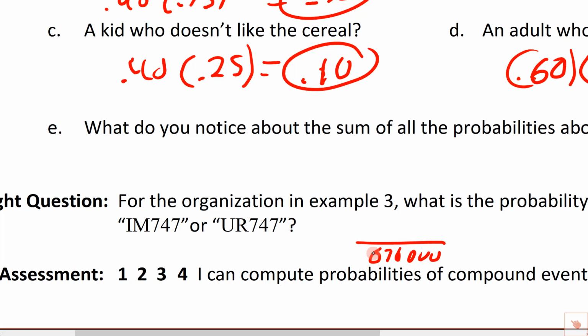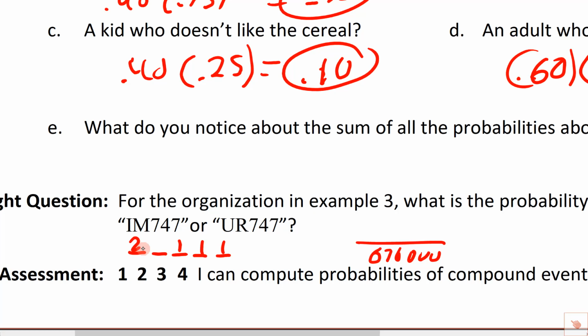But the problem with that is this. Once you choose that first one, oh, sorry, take that back. They're not 10s, they're 1s because we want 7, 4, 7, right? How many choices are there for the first one? It's either a U or an I, so that's a 2.